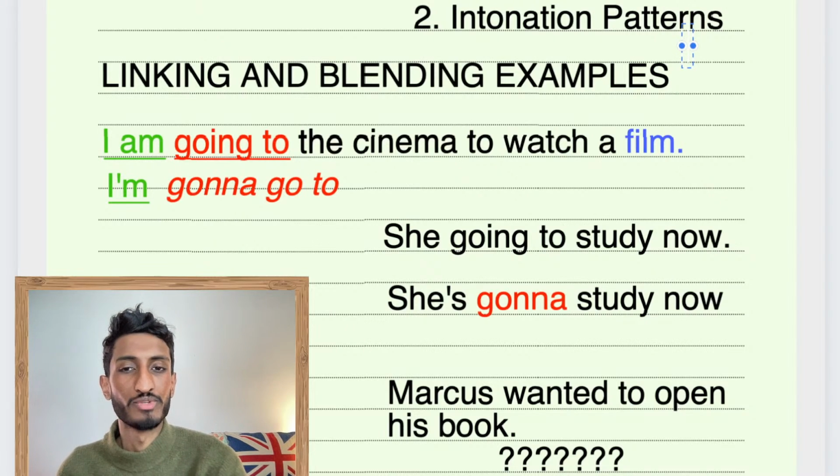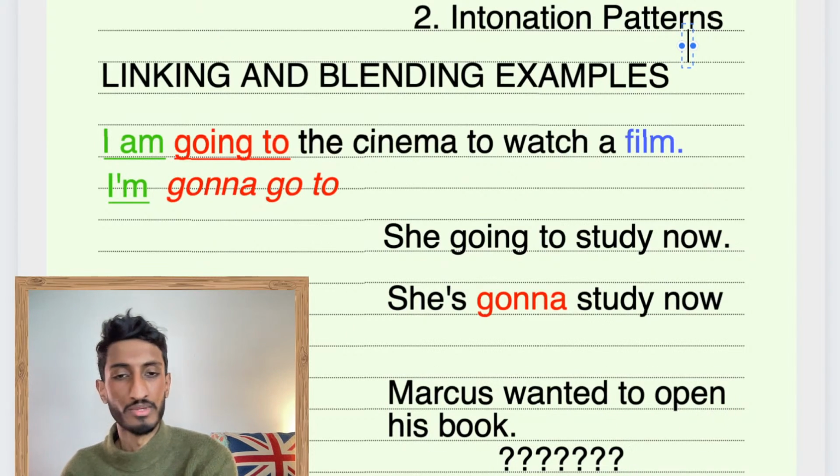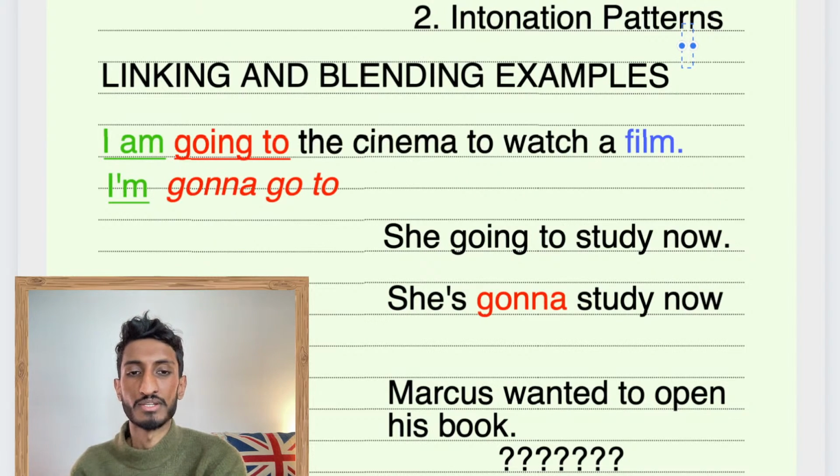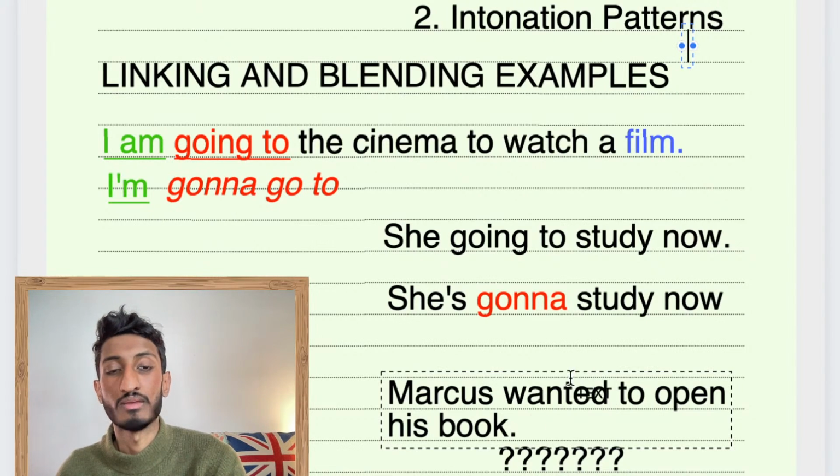So this one's an interesting one. We can't actually merge this with anything. So we can't say Marcus wanna open the book. That doesn't make sense. Marcus wanted to. So no, you can't actually merge anything here.